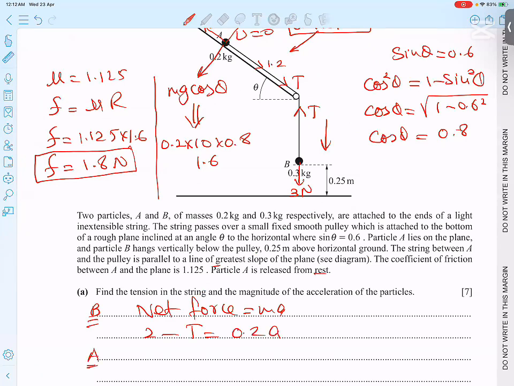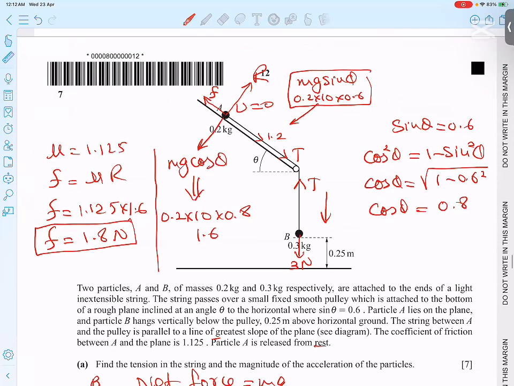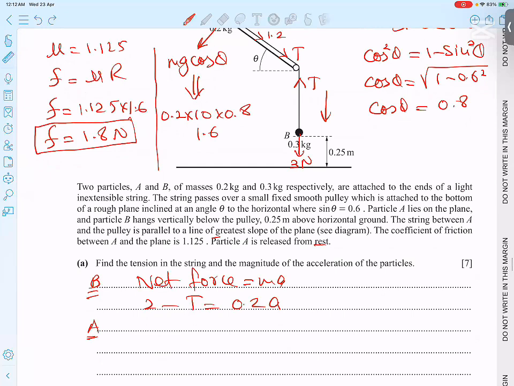In the same way, if we go for the A equation, how many forces are acting on A? If you check, tension, weight component downwards, and friction backwards. So again the same formula, net force is equal to MA. I can write the weight component 1.2. And what is the next one?